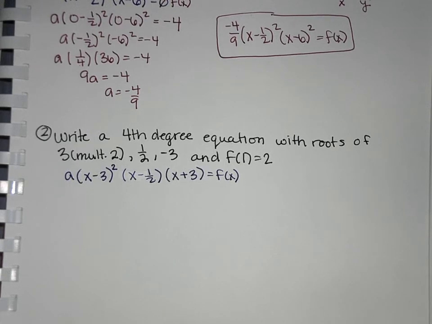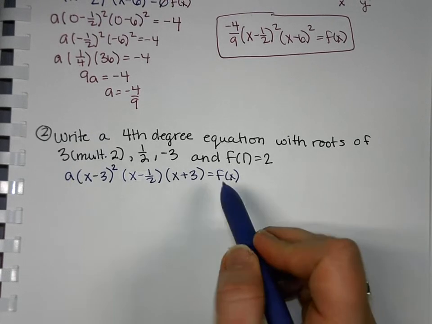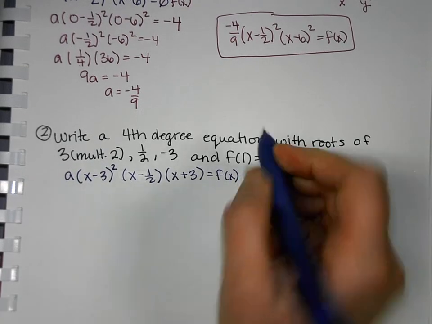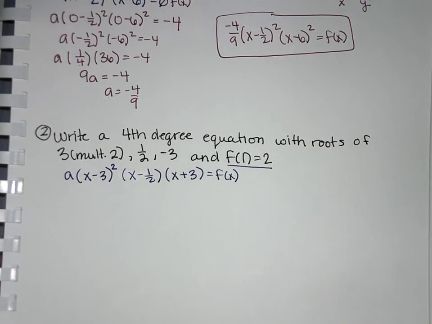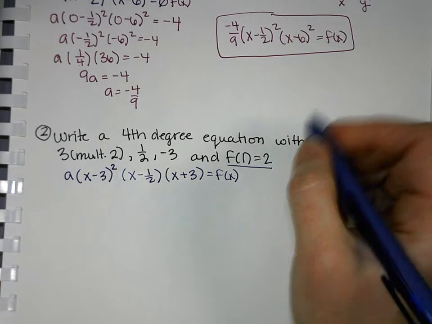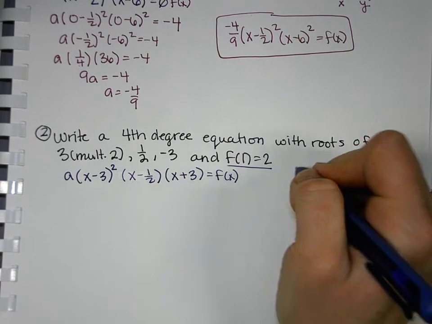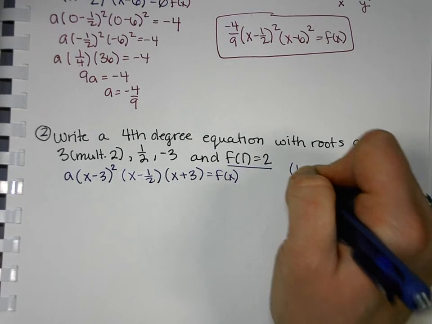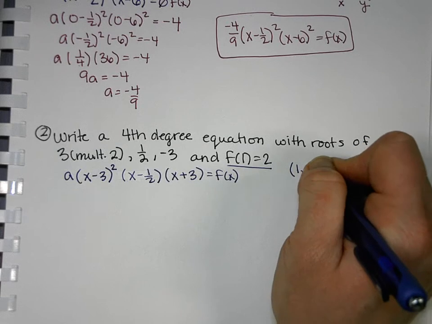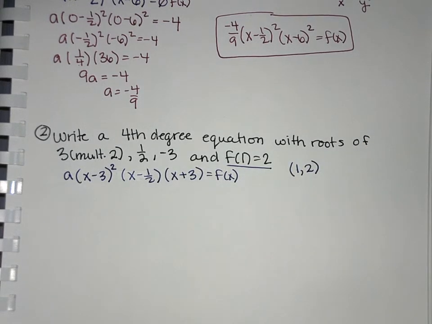So for this one, we just now need to figure out a, and we're going to use that f of 1 equals 2 statement. If we remember how to read our function notation, this means when x is 1, y is 2. So just like the y-intercept, we're given an ordered pair, it's just not the y-intercept.